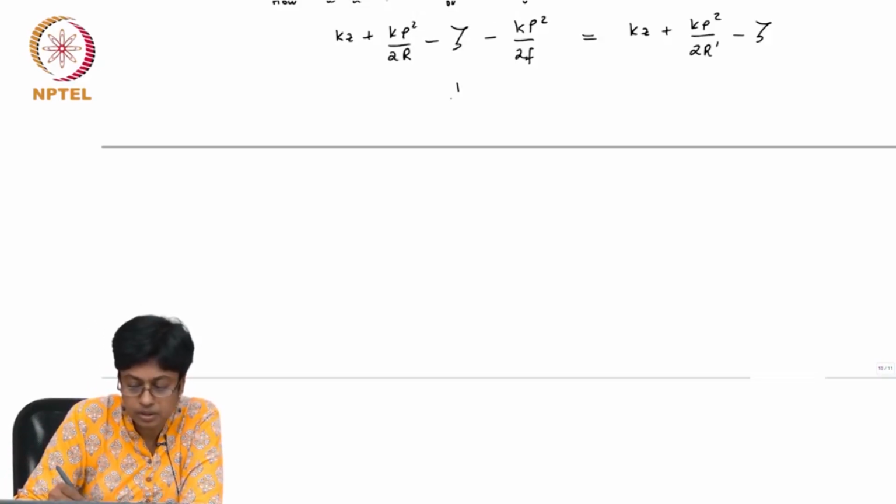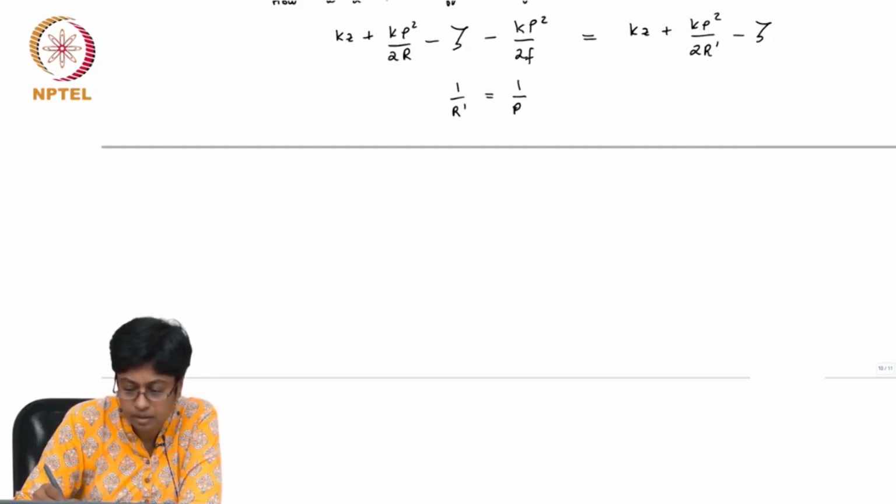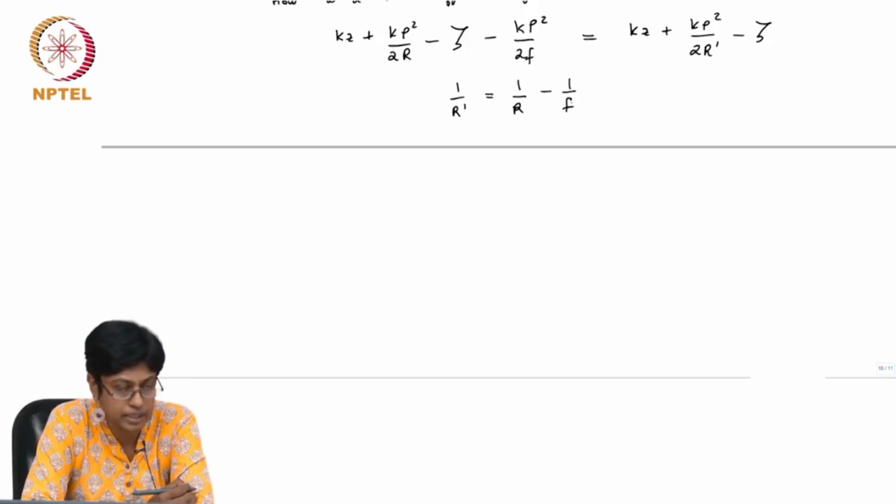So in other words, the new radius of curvature is related to the original radius of curvature and the focal length of the lens.